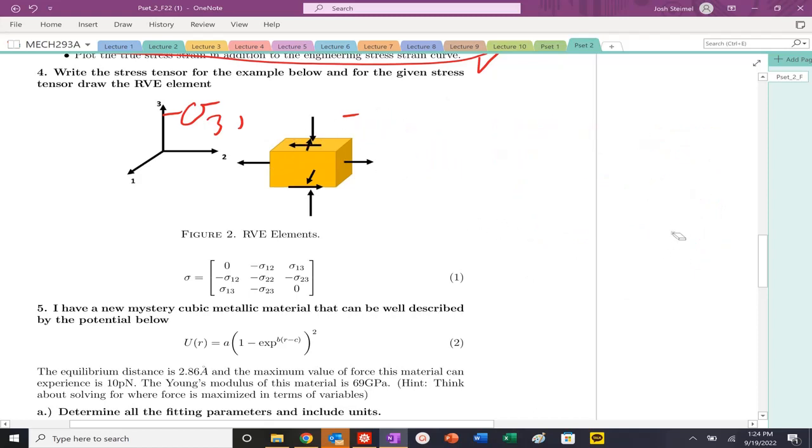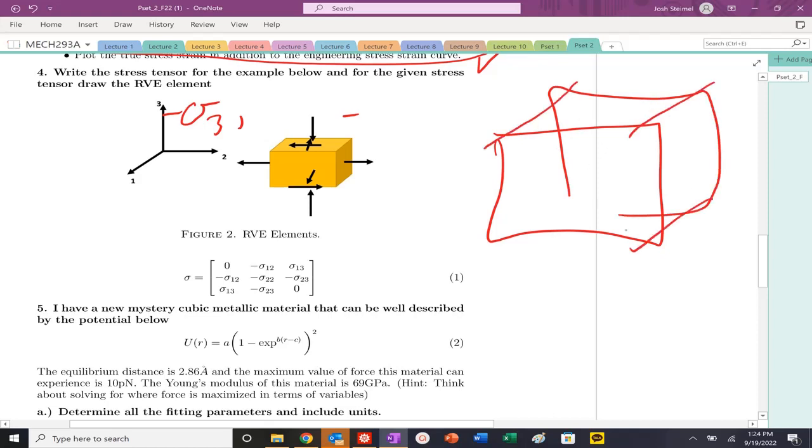So how about drawing the RVE for the stress tensor that we see there? Well, we can see that in the 2,2 we are compressive, so I can just draw that like so. Compressive, we can nail that one out. Let's look at the next one that we can eliminate. Again, normal in the 1 direction, pointing in the negative 2 direction.